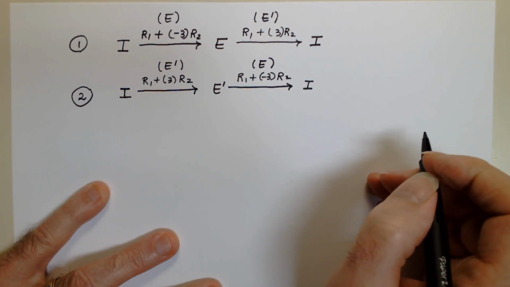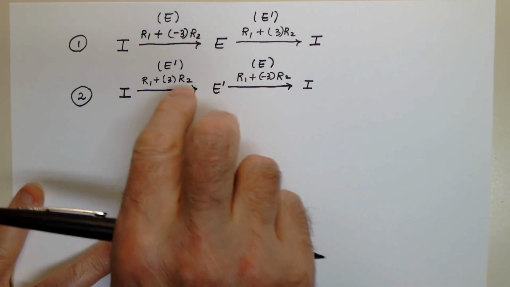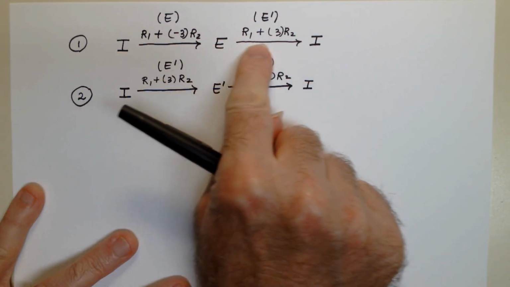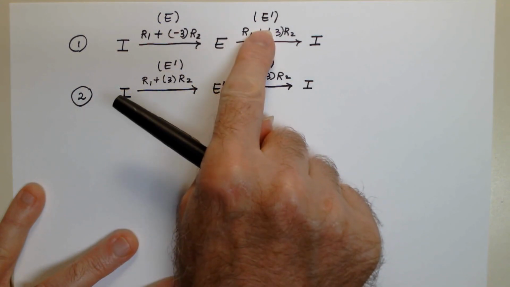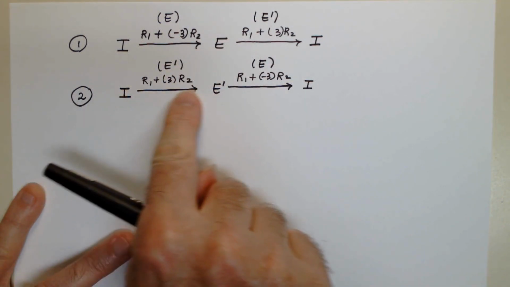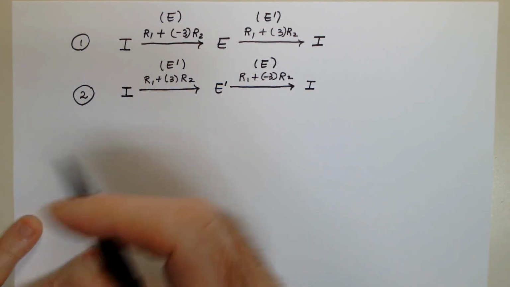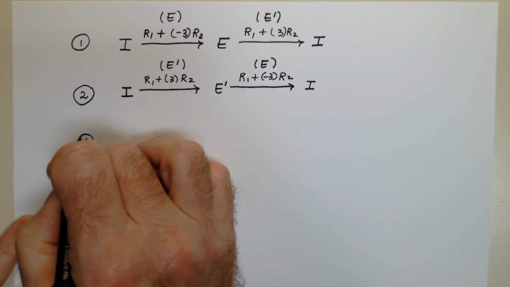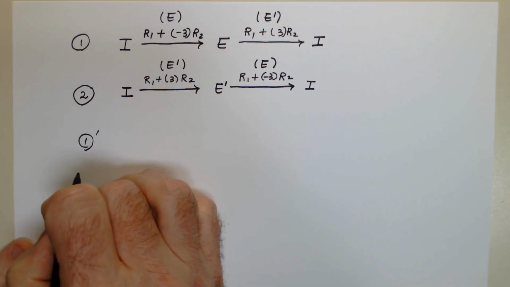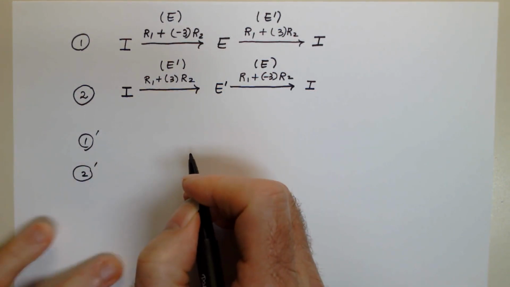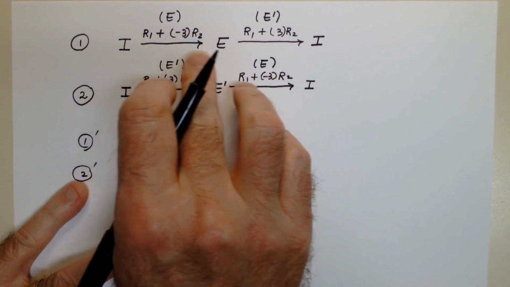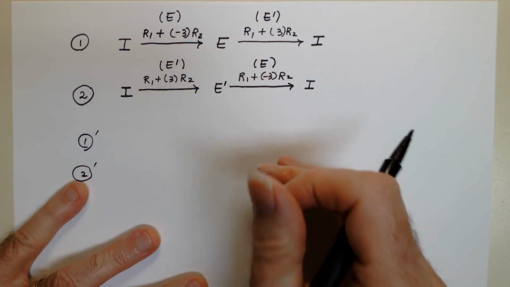All right. Now here's what I want to do. We thought of this chain as being produced by row operations, and we thought of this chain as being produced by row operations. What I want to do is write out equivalence statements, let's call them 1 prime and 2 prime, thinking about this chain as being produced by matrix multiplication.